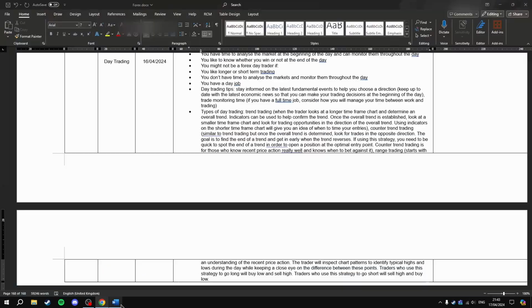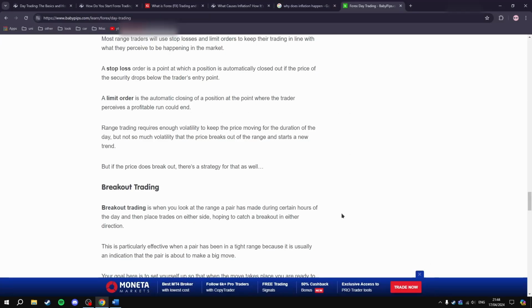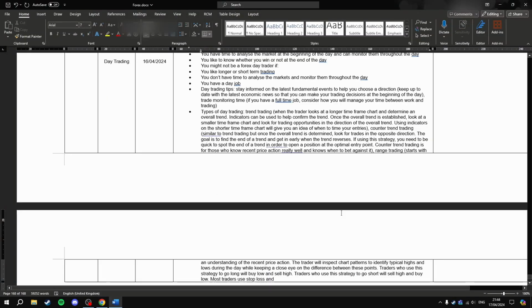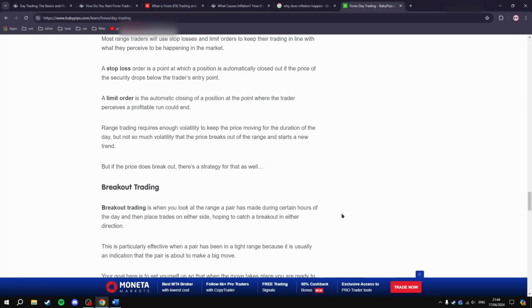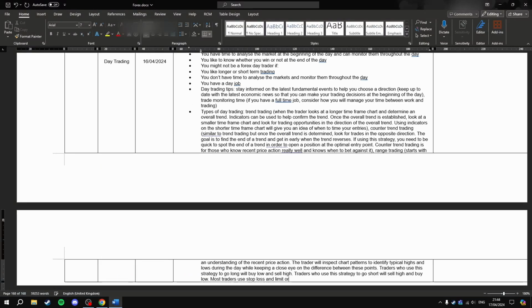Most traders use stop loss and limit orders.